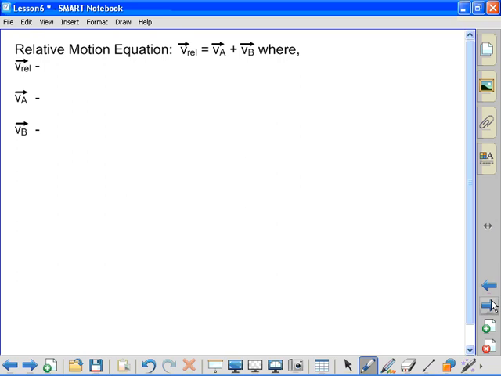So V relative, this is what we call our relative velocity. And this is another formula that you want to have handy. Not a very large formula. This is your relative velocity formula. So V with REL subscript is relative velocity. VA is the observer's velocity.